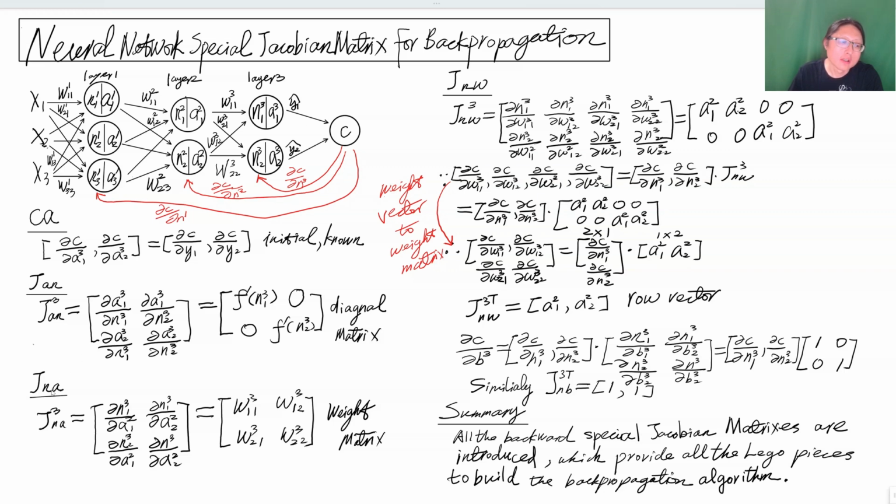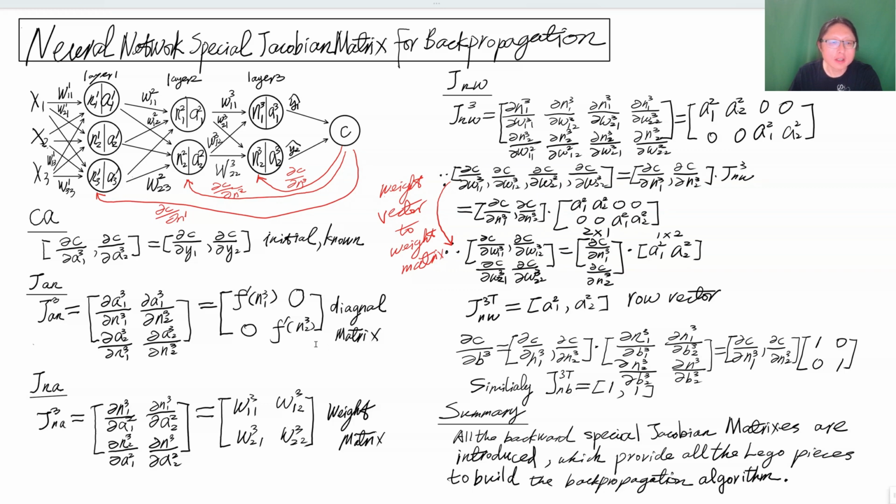Then I have the Jacobian between n and a, so I will have the partial derivative of c with respect to a for the next layer, and then using JAN again. So basically, you can see I can get all the partial derivatives with respect to a and n in this network.